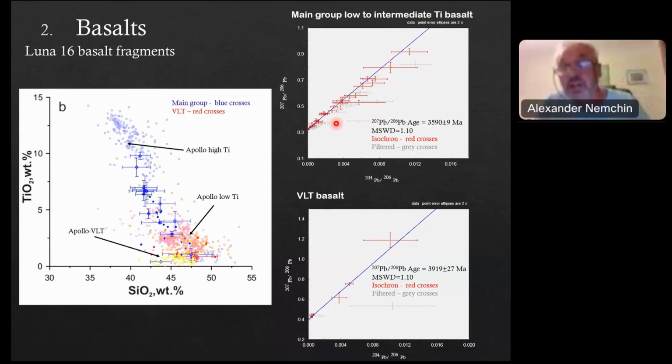Sometimes you've got contamination, and contamination would move the analysis to the right. Our terrestrial composition is outside of this plot, to the right. Nevertheless, we analyze a lot of points, and we filter everything that falls to the right.